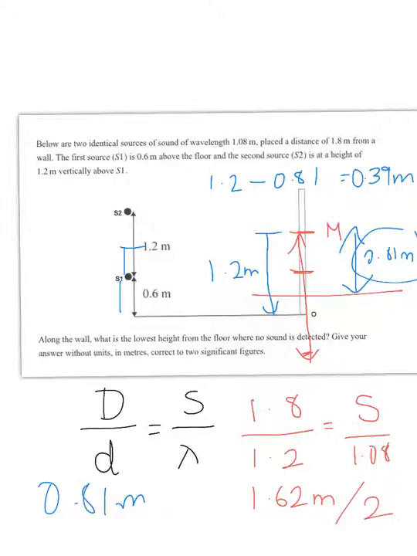Okay, so that means that from the floor to here, it's 0.39. So there's definitely a lot to do for a few marks, but well done if you get it.